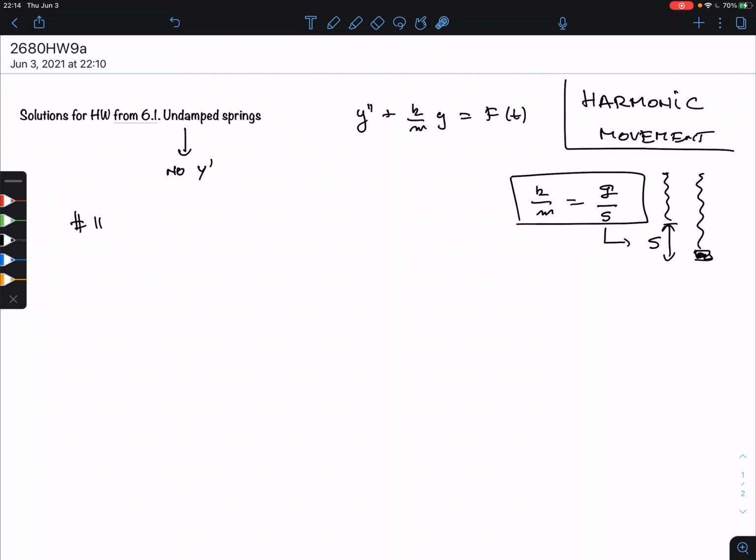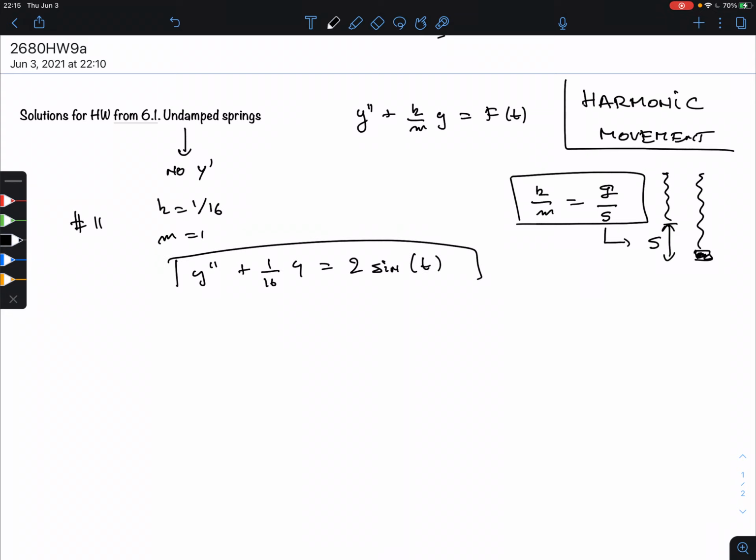So this constant becomes 1/16 over 1, so 1/16, y equals, and then what is the force? The forcing function is 3 sine t. So this is the equation that we're trying to solve.